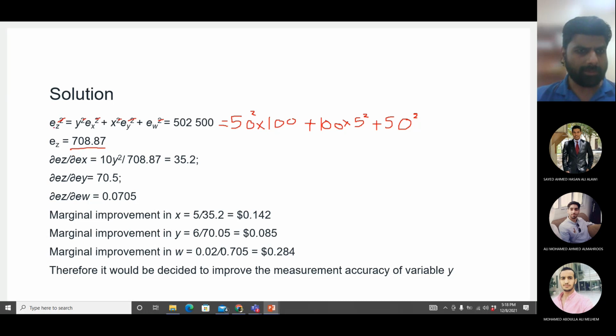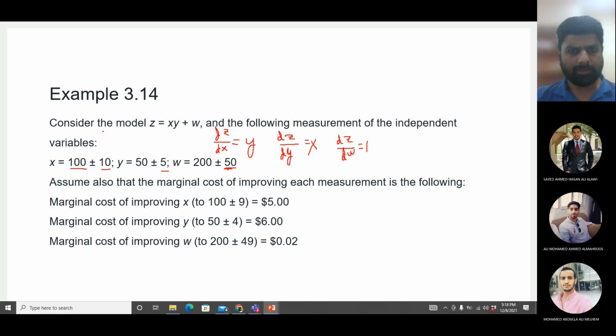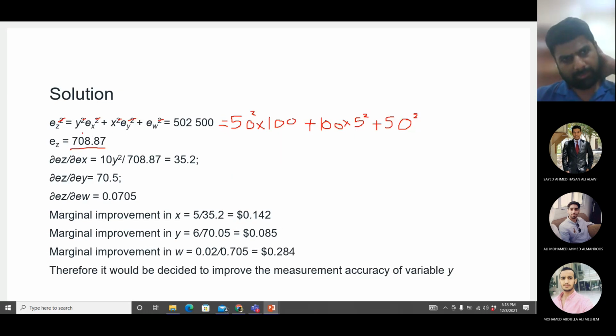So if you take the partial differentiation of the error term with respect to EX, you will get what? EX is how much? EX is 10. Okay, so 10Y square.